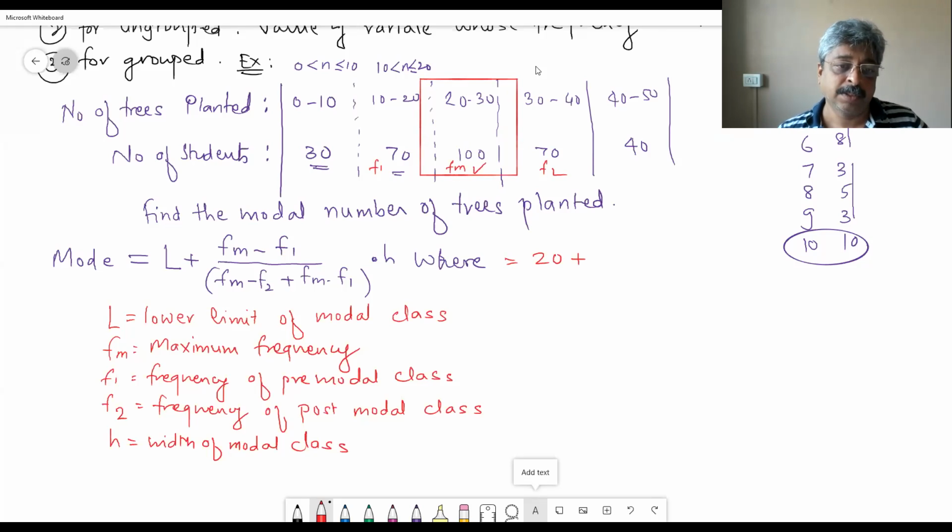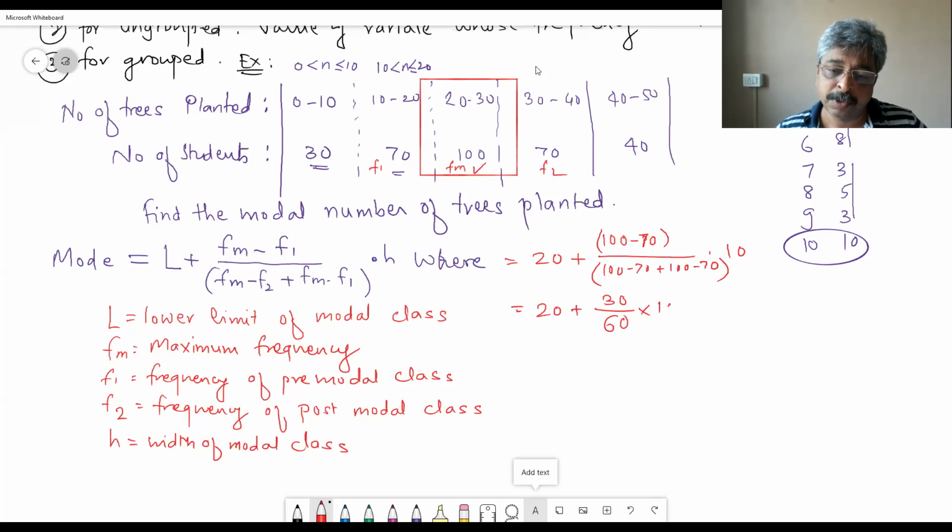So 20 plus (100 minus 70) upon (100 minus 70 plus 100 minus 70) into 10, which is equal to 20 plus 30 upon 60 into 10. 25 is your modal number of trees planted.